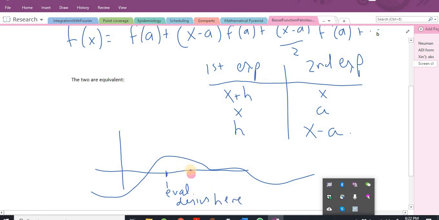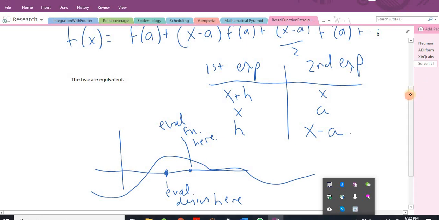And then here's the point where I want to evaluate the function. The point is that you've got these 2 points. You have one point where you're evaluating the derivatives, one point where you're evaluating the function.